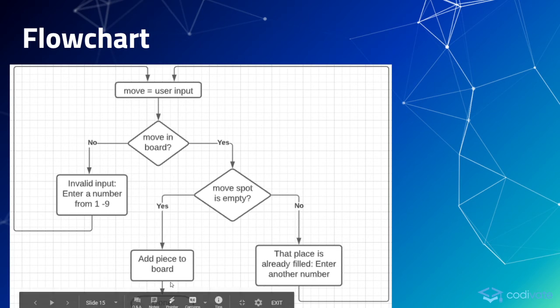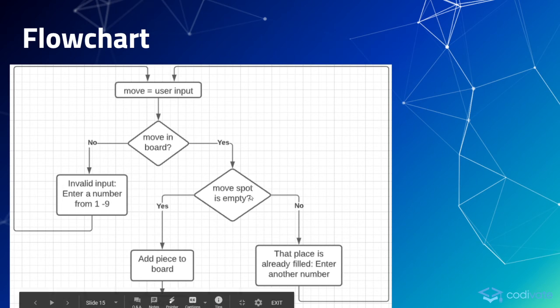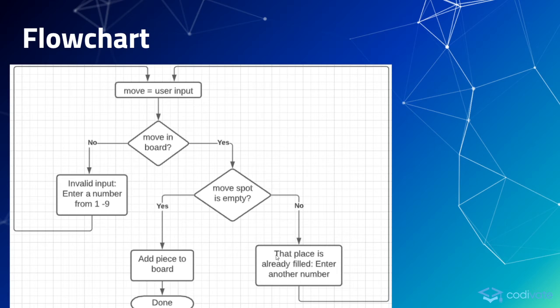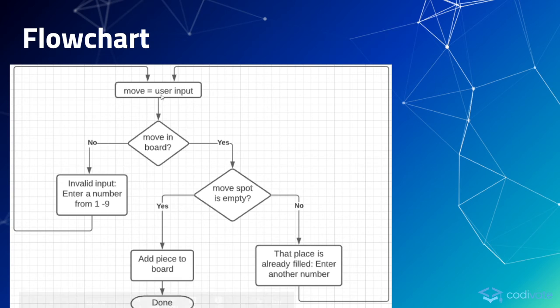And we are done, so we can move on to the next thing in our loop. However, if we make it to this point, and the check that the move spot is empty turns out to be false, so let's say somebody else already moved in that spot, then we have to let the user know that that place is already filled and that they should enter another number. So we have to skip back up and ask them to enter user input again.